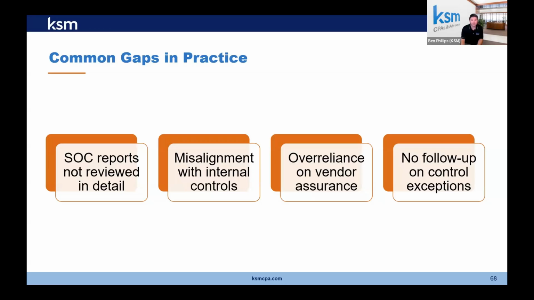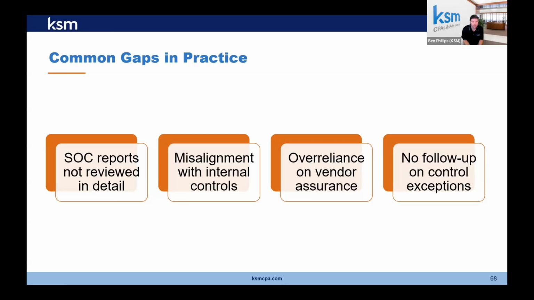So, common gaps in practice. First, SOC reports may be collected but not reviewed in detail. Second, there is often a misalignment between vendor controls and internal controls. Third, organizations sometimes over-rely on vendor assurance without understanding what the report actually says.